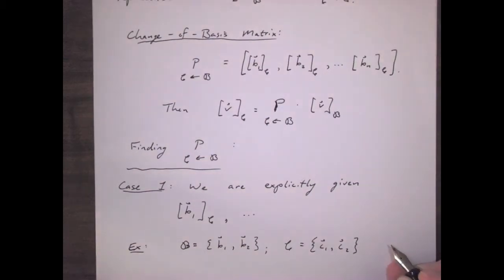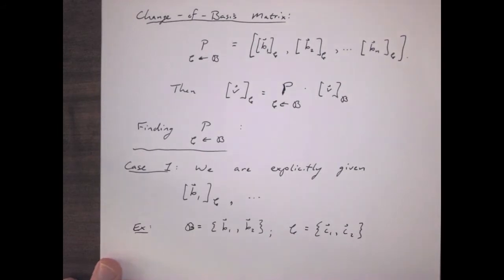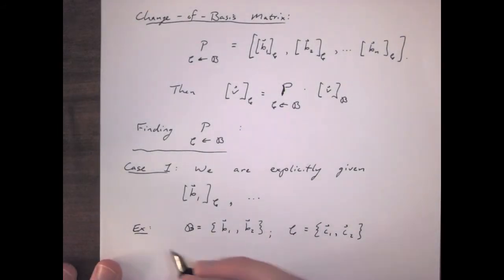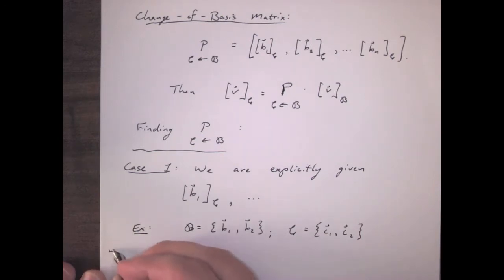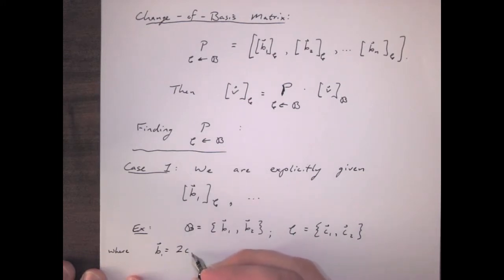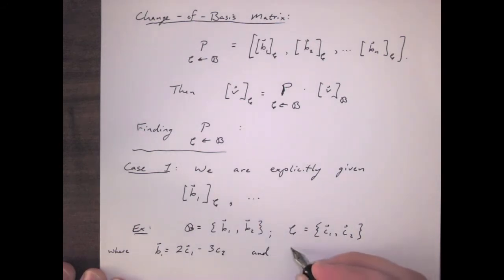And we are just given recipes for what each B is in terms of C. So B1 is equal to 2 times C1 minus 3 times C2, and B2 is equal to, let's say, something like C1 plus 2 C2.